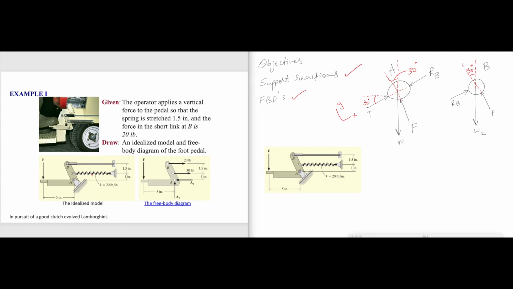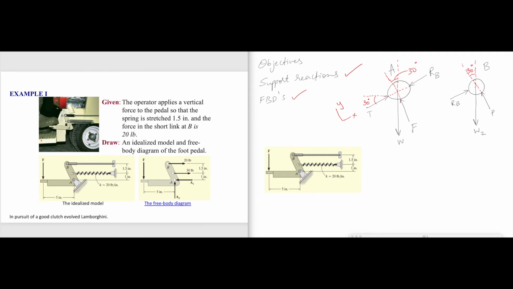So in this problem, there's an operator applying a vertical force to the pedal, and there is a spring attachment here, and there is another rod or a short link attached at B. How do we draw a free body diagram for this situation here?